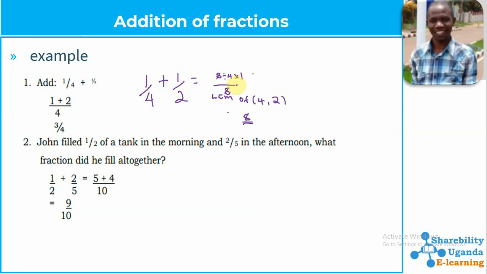Then we shall add our last number here, which is 8 divided by 2, in brackets, times 1. So the number we are multiplying is this one. Now we can come up with our answers.